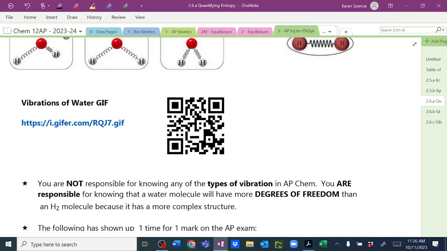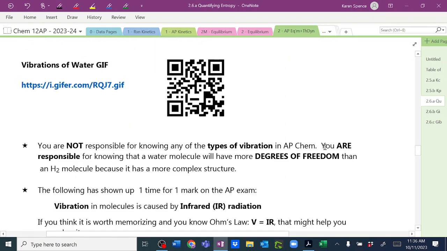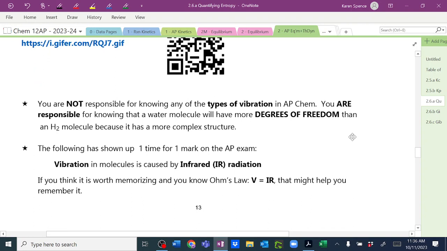So that's basically the rationale behind why you get more entropy with more complex molecules, is they have more degrees of freedom. Now, how often does this show up on AP? Not very often, but you should be able to talk in terms of degrees of freedom. I have seen them put that language forward in a chief reader's report.